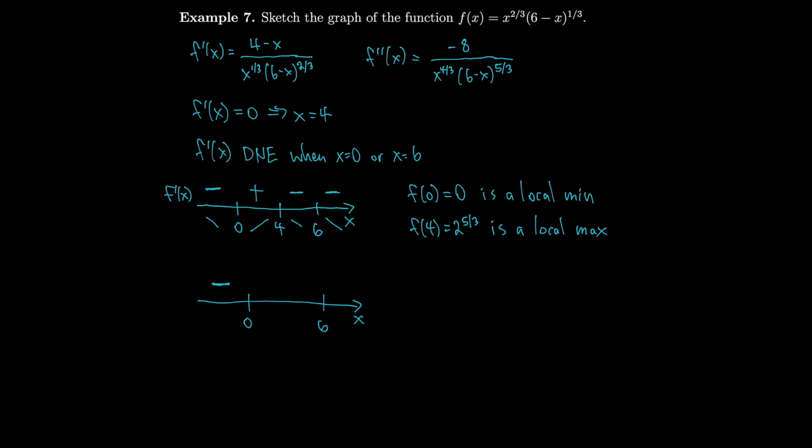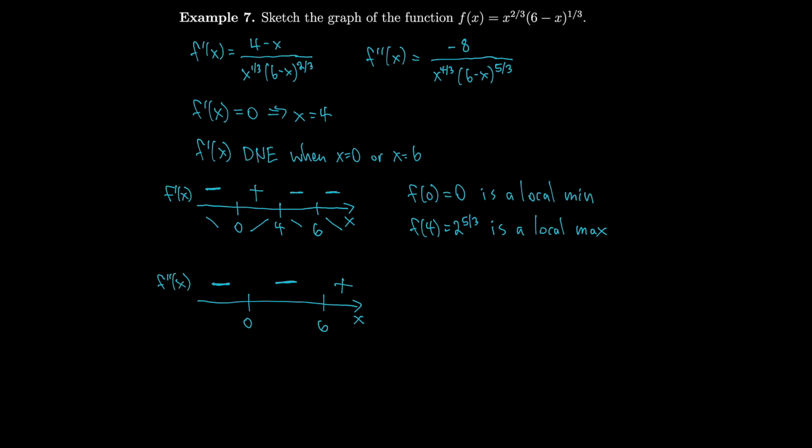Same thing if we plug in 1. Again, we'll have 2 positives in the bottom, and we'll have a negative up top. But if you plug in 7, then suddenly this becomes negative. So you get negative divided by negative, which is positive. And that's for f double prime.